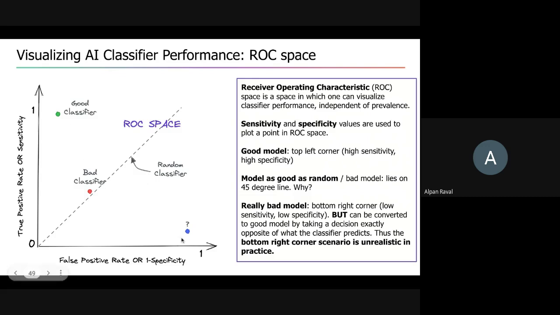On the other hand, what about this classifier? Can someone guess what's happening here? So here you have this blue classifier that has low sensitivity and very low specificity. So what would you call this? I've actually already spelled out what the problem is here.